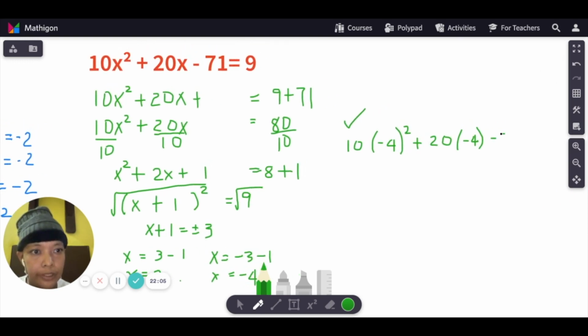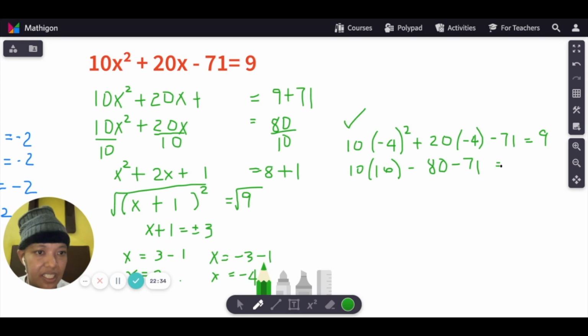Minus 71. So, tingnan natin kung everything on the left side is equal to 9. So, this is 10 times 16. Yeah, 20 times negative 4 is negative 80. Tama. Minus 71 equals 9.